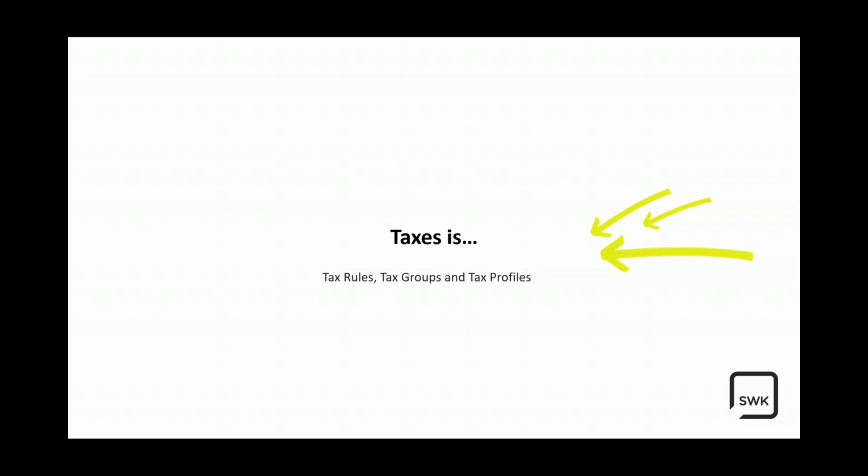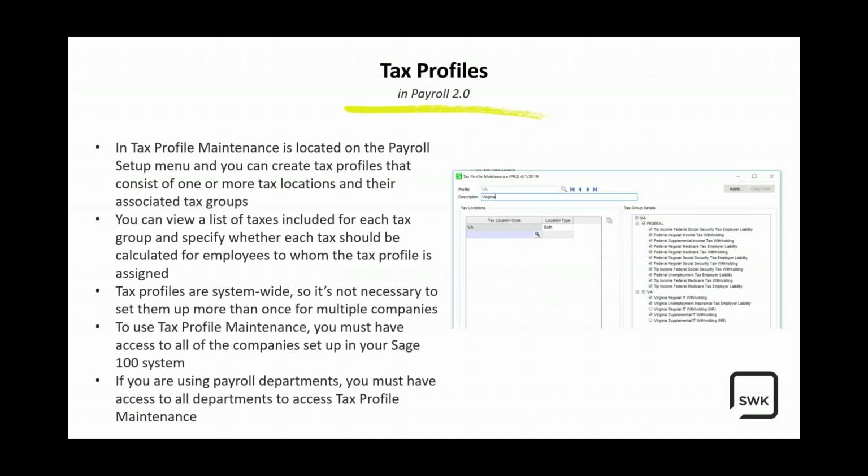So each company, if you have 5 different companies that you're running payroll for, each of those has its own tax group that is specific to that company. And then we also have tax profiles. Tax profiles are assigned to employees, and that's how it knows what their home state is or their work state, so it knows how to calculate the taxes for the employee.